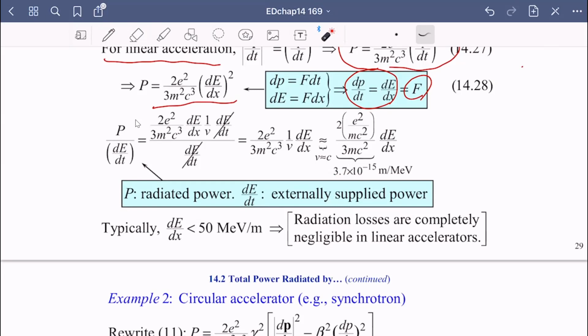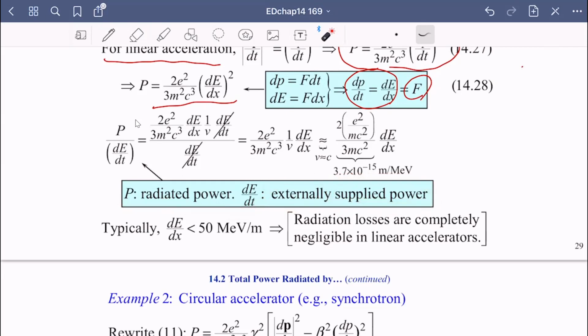You accelerate the charge, and the charge will increase in energy. You give it energy, and then it will radiate because an accelerated charge will radiate. Next, externally supplied power, 外在的给的功率, this is the radiated power.